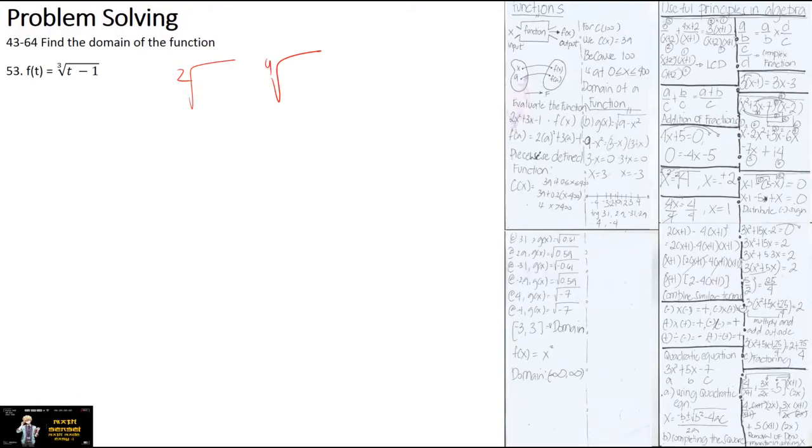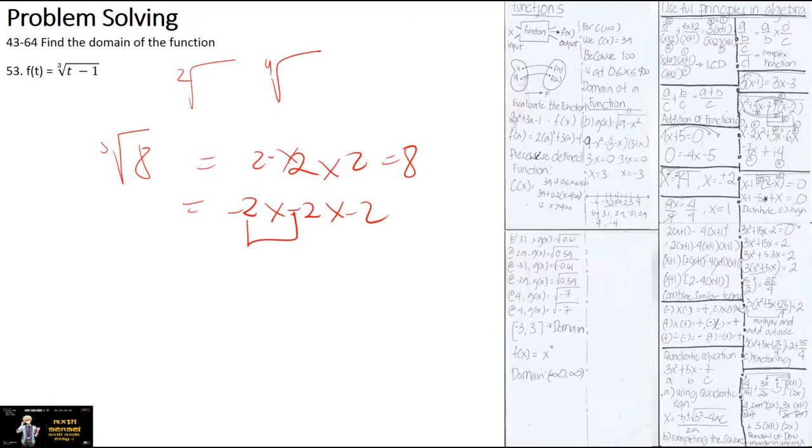Kung halimbawa negative yan, negative 2 times negative 2, negative times negative, that's positive 4. Times negative 2, that's negative 8. So madaling sabi, cube root or divisible by 3, any negative number na nandyan, okay yan.